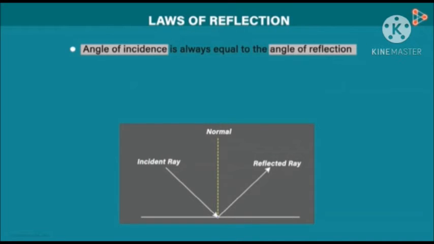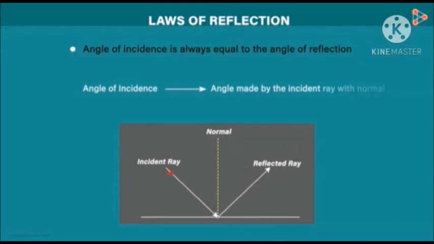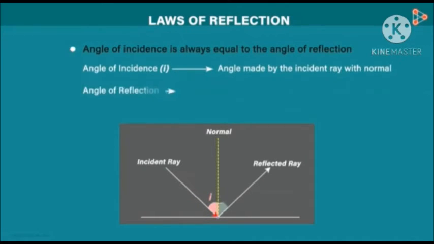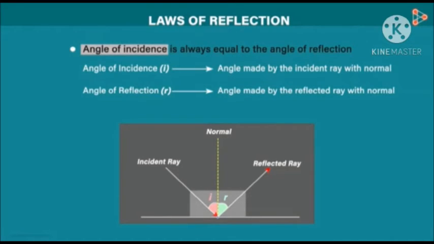Now let us understand what these angle of incidence and angle of reflection are. The angle made by the incident ray and normal is called the angle of incidence, denoted by small i, and the angle made by the normal and reflected ray is called the angle of reflection, denoted by small r.